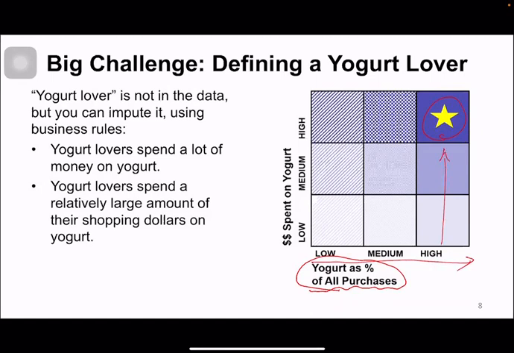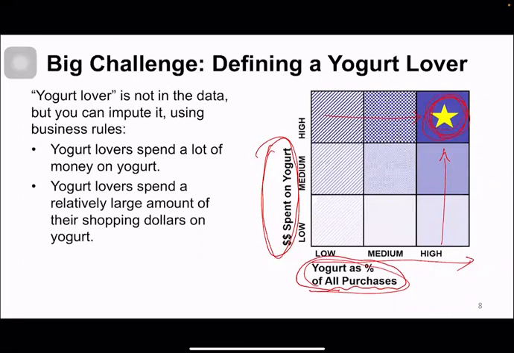If this is high, then this person could potentially be a yogurt lover. But you also want to see not only the percentage of all purchases, but also the dollar amount spent on yogurt. If this is also high, then the yogurt lover is actually in this area.